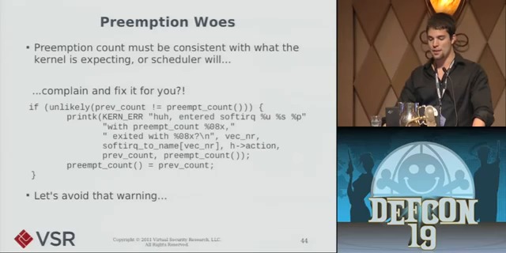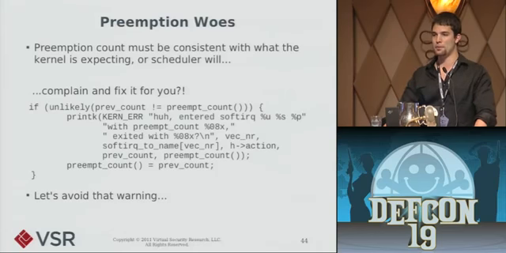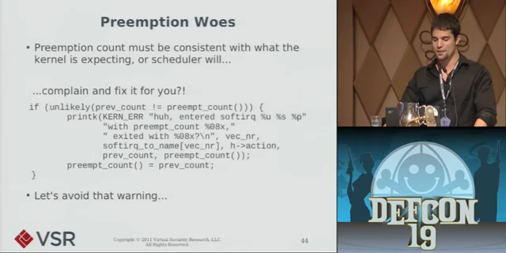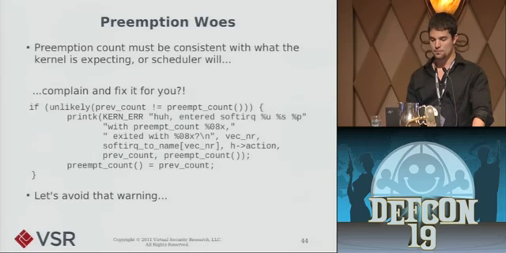More recently, they put in a check where if it's not what it expects, it just complains a little bit and fixes it for you, which is really nice for exploitation and saved me a lot of trouble when I was first getting this up and running. But for the sake of completeness, we'll avoid that warning because we don't want anything to be logged.